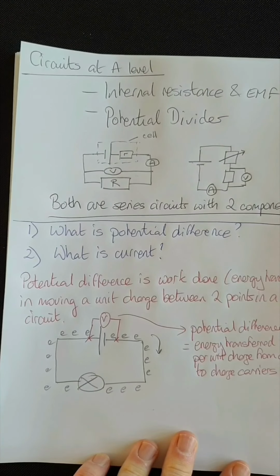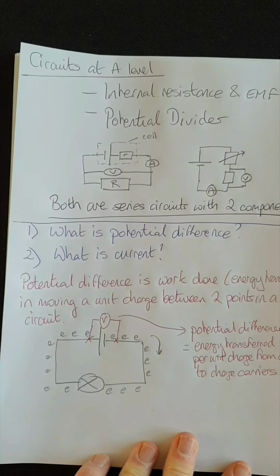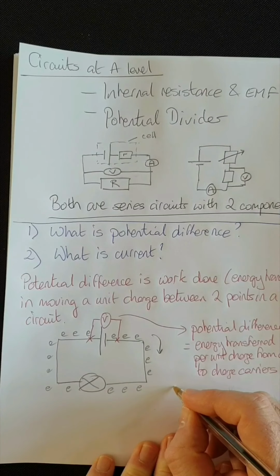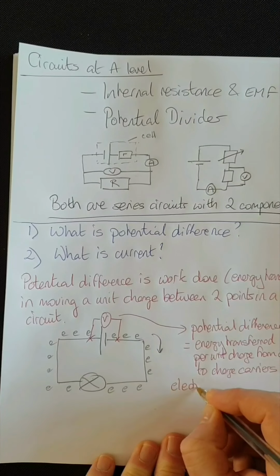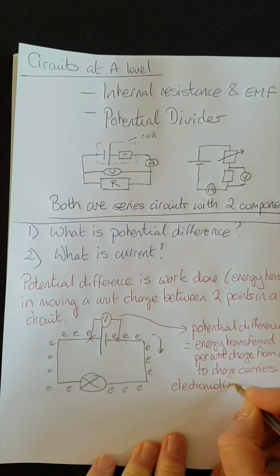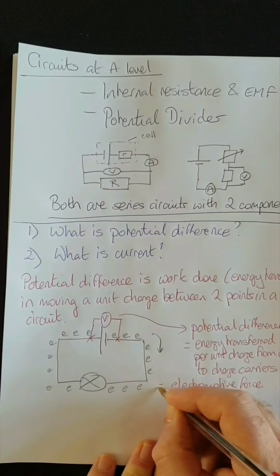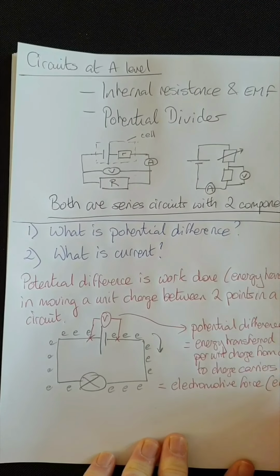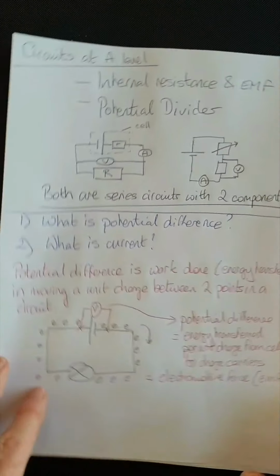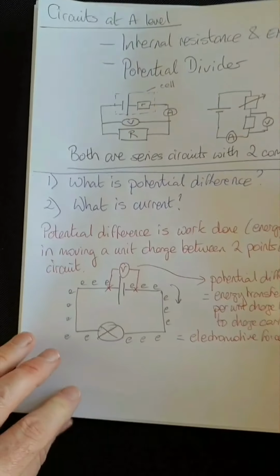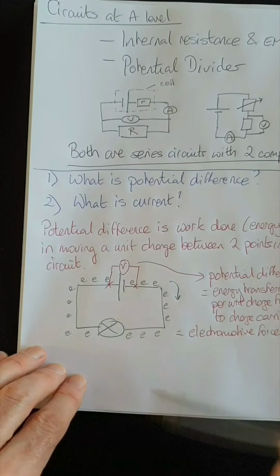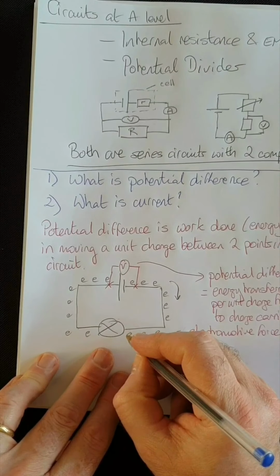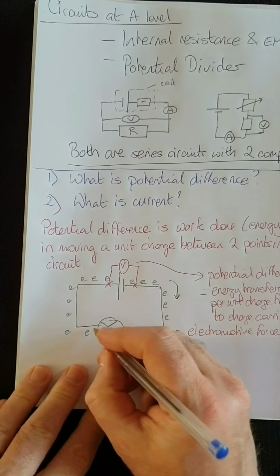There's another way that we describe this. Instead of calling this potential difference, it has another name, the electromotive force, or EMF. Okay. And then what happens is the electrons go around the circuit. They're then going to transfer their charge to this lamp.